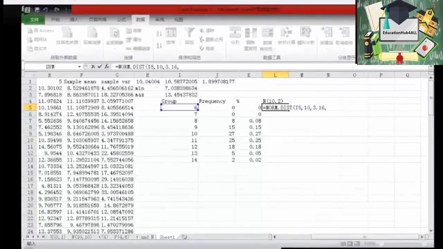If we select true, it means our data should be between 6 and 10, right? Please remember, I5 is 6, 10 is the mean of the distribution, and the 3 is actually the square root of 10. Okay.